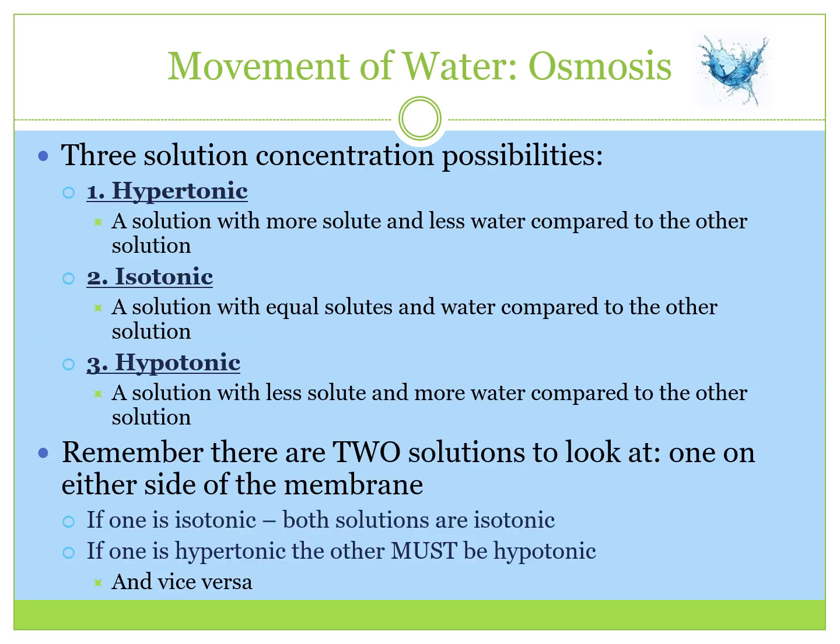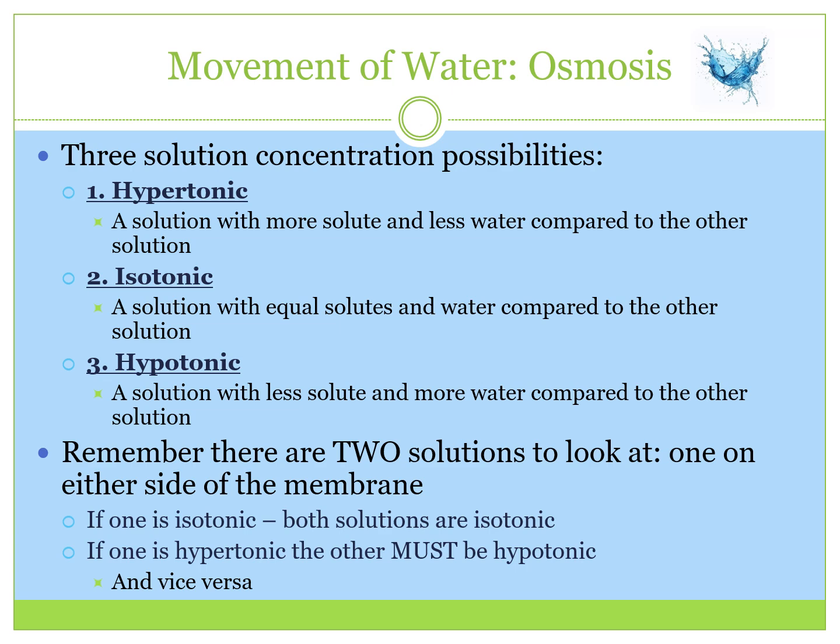So the three possibilities, those three relationships we can think of as far as tonicity goes, is hypertonic, isotonic, and hypotonic. So hypertonic is going to be where a solution with more solute and less water compared to the other solution. And hypotonic is going to be the opposite. It's a solution with less solutes and more water.